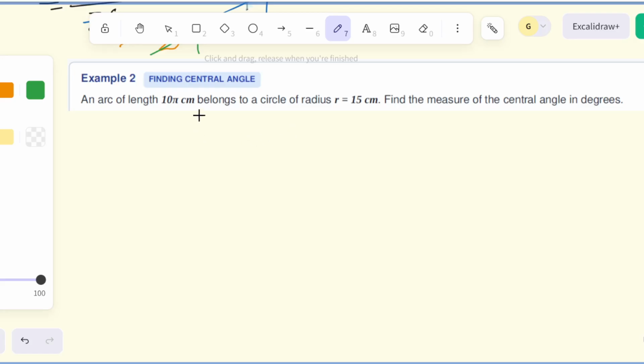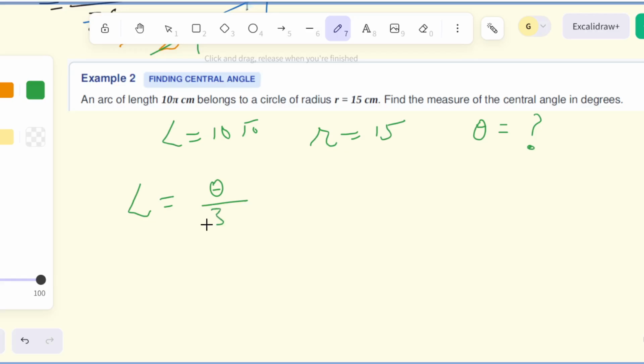Okay. So here, the length of the arc is already given. So L is 10 pi, and the radius is 15, and theta is what we need to find out, right? Find the measure of the central angle. No problem, we just write the formula L equal to theta upon 360 into 2 pi r.